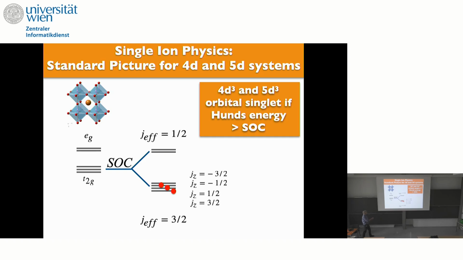But even without the spin orbit coupling, 3 electrons would give you a half-filled t2g shell. So long as the Hund's coupling was stronger than the spin orbit coupling, that would leave you with an orbital singlet, and there would be no orbital angular momentum in this very simple picture. This picture is not correct, but that is how we were thinking of it at the time.